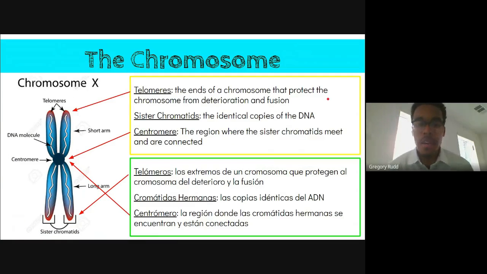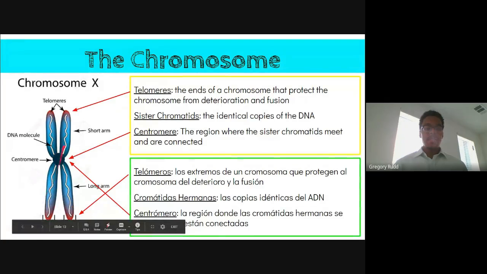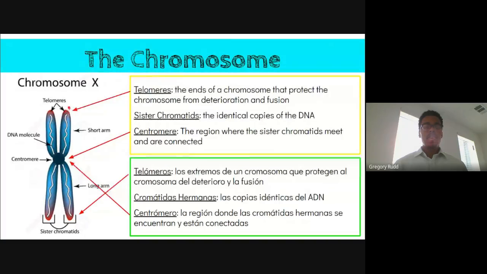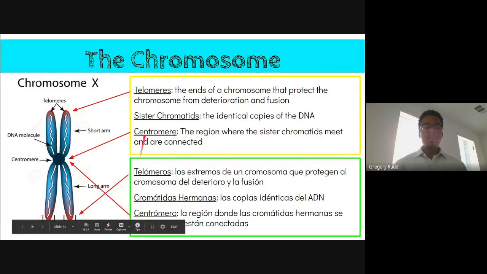What I would do here, if I were you taking notes, is draw an X on my paper, just like we see here. And then I would begin to highlight different parts of that X. The ends of the X, the top and the bottom, are called telomeres.